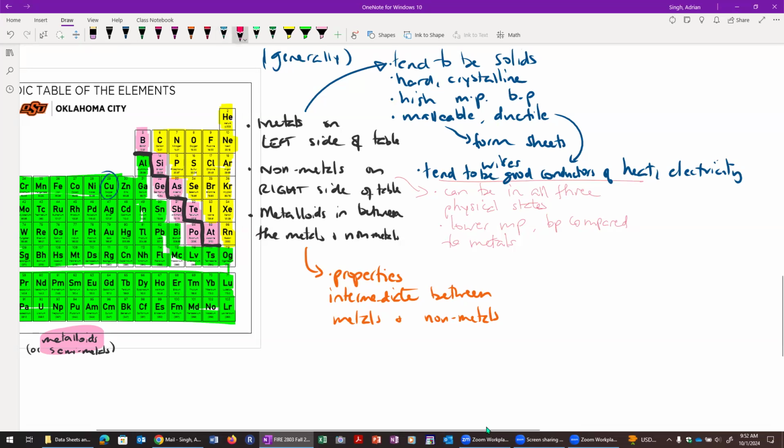Whereas your non-metals tend not to be good conductors. Instead they tend to be insulating. Which then means if we're dealing with metalloids that have intermediate properties, well, what's intermediate between a good conductor and a poor conductor? Something like a semiconductor.